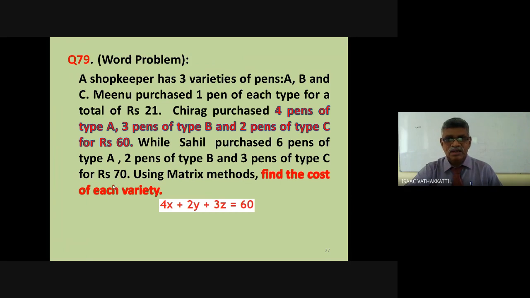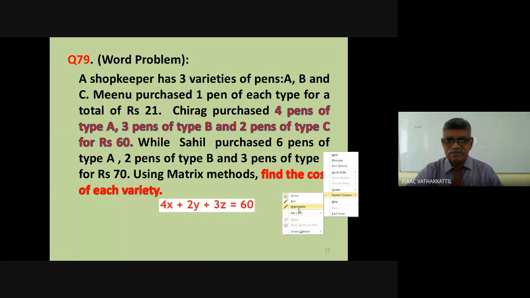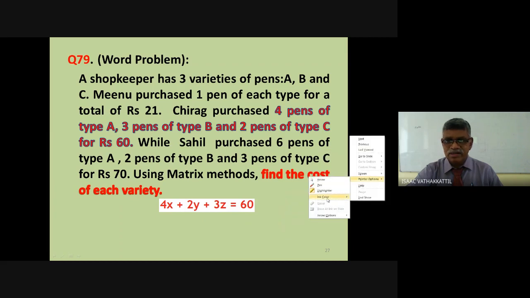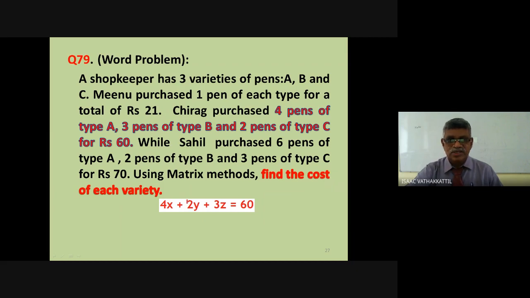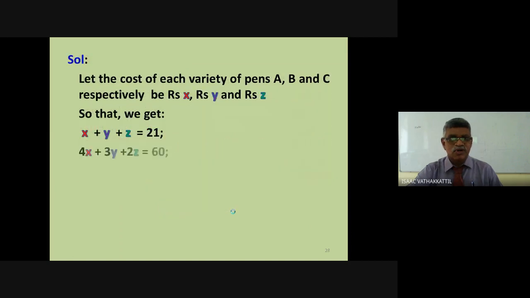I made a writing error here. 4x plus 3 pens of type B, 3y and 2z. 4x plus 3y plus 2z equal to 60.